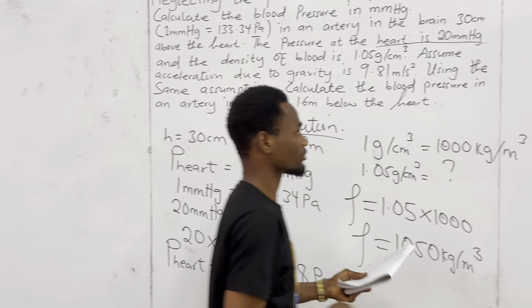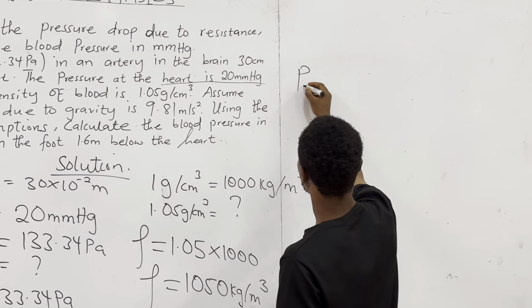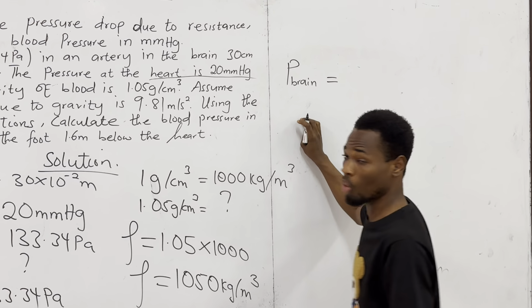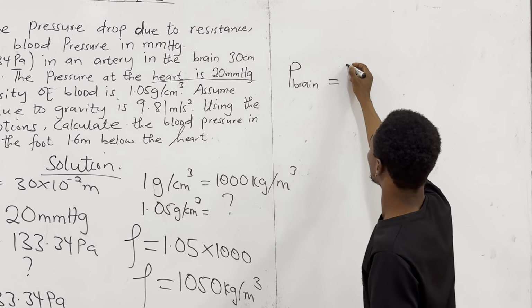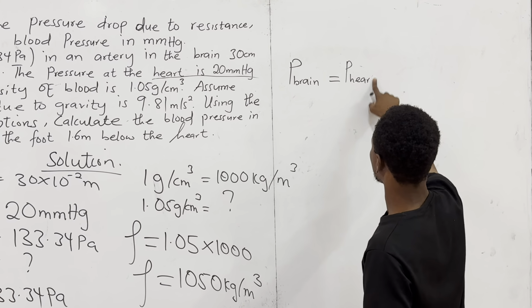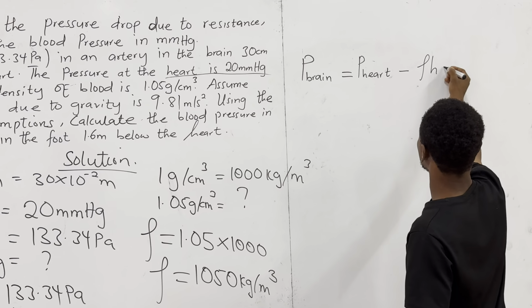So what is the relationship? We know that the pressure of the brain equals the pressure of the heart minus rho g h.